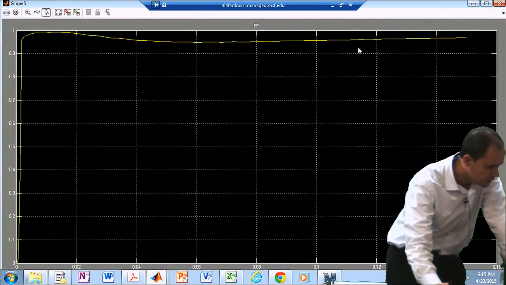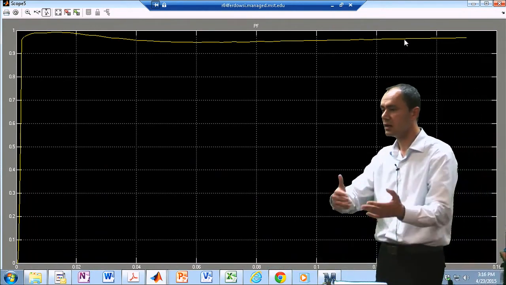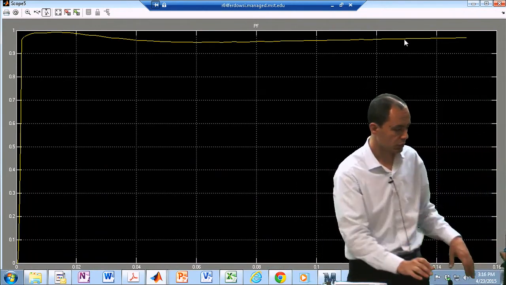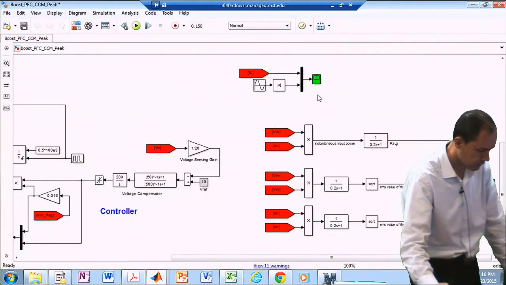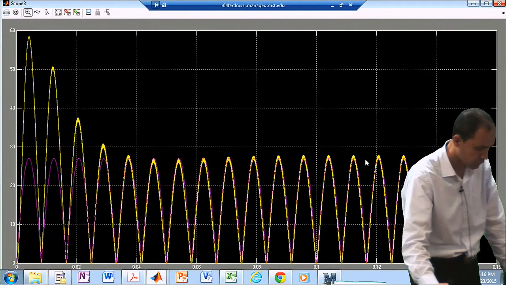Yeah, it takes time to settle down, but it's about 95%. So you can see that you're doing a better job. Your input current is looking a lot like the way it is supposed to look.